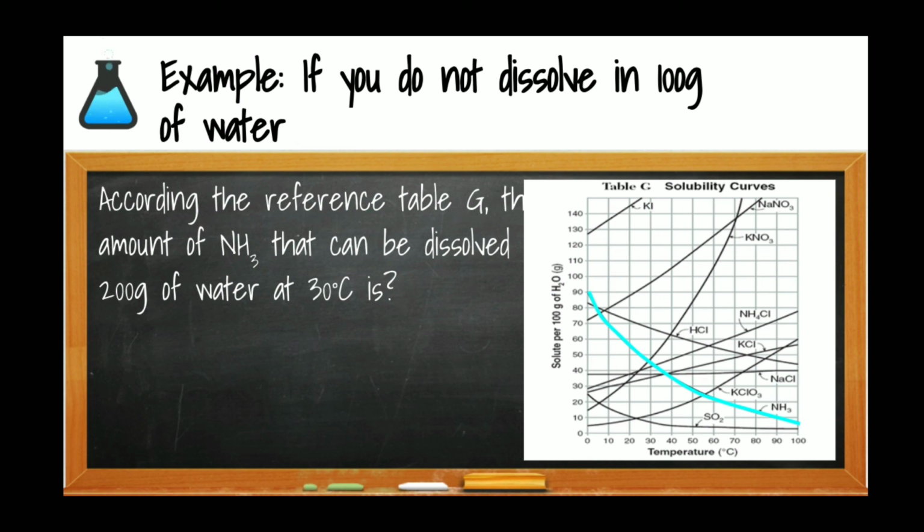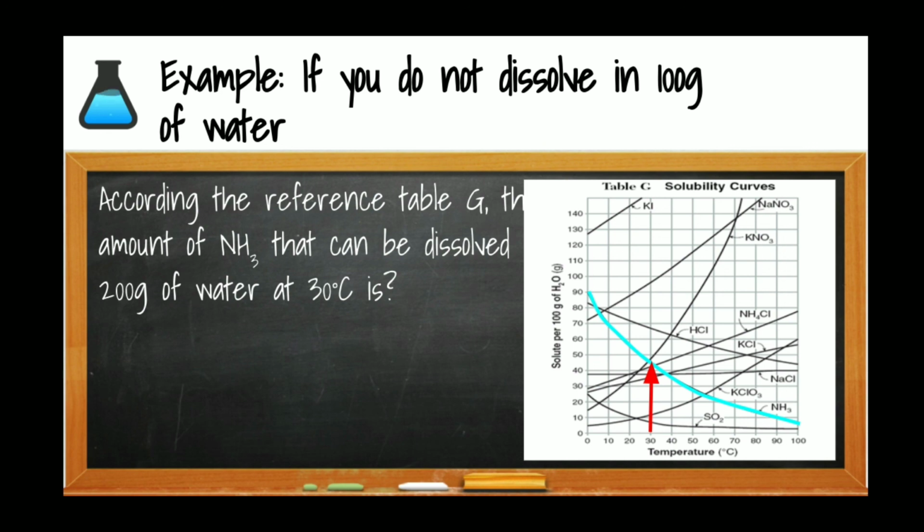Now we're concerned with ammonia at 30 degrees Celsius, so we're going to look and figure out what ammonia is saturated at 30 degrees Celsius. So here you can see that ammonia is saturated when approximately 45 grams of ammonia is dissolved. But remember, the y-axis label is in 100 grams of water, and this question is in 200 grams of water.